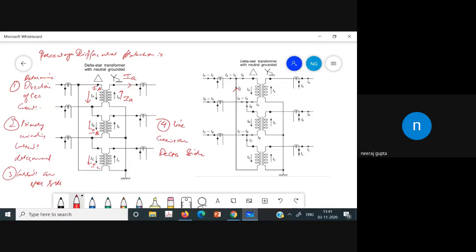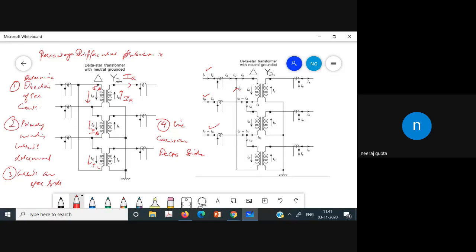Similarly, if you see that this current is IB and this current is IA, so the final current, if we are adding IB minus IA with IA, finally we are getting the IB. So we will have IB minus IA, IA minus IC, and IC minus IB.